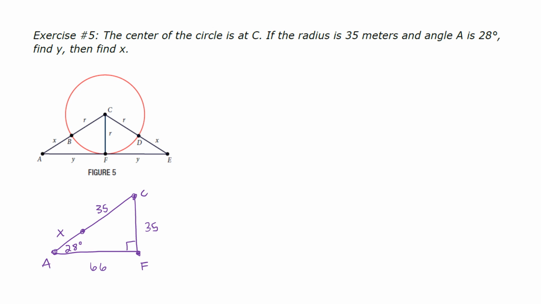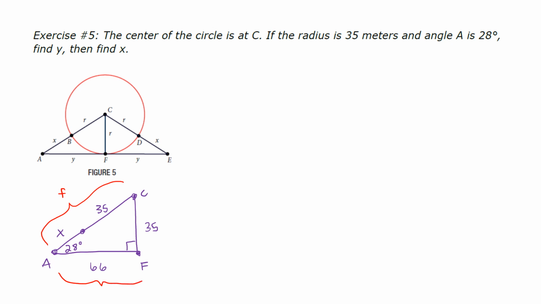Okay. So this whole measurement here represents c, lowercase c. Or in this case, let's stick with our letters so we don't get confused. This would be lowercase f because it's opposite angle f, but it's the hypotenuse of our triangle. Okay.